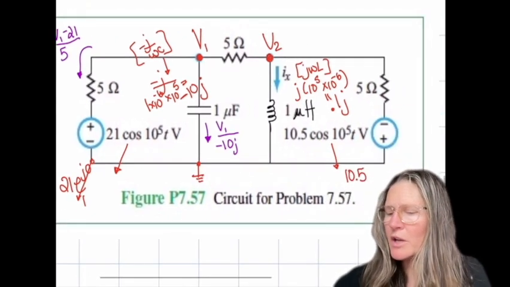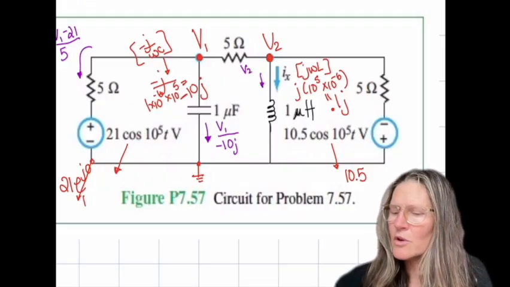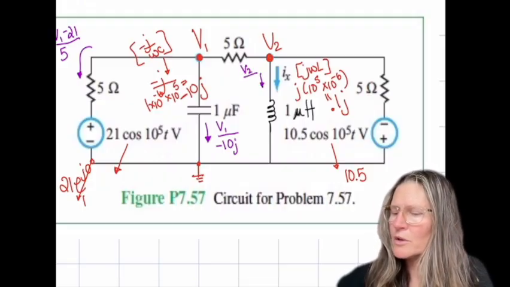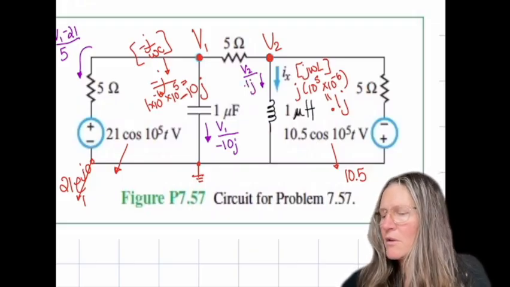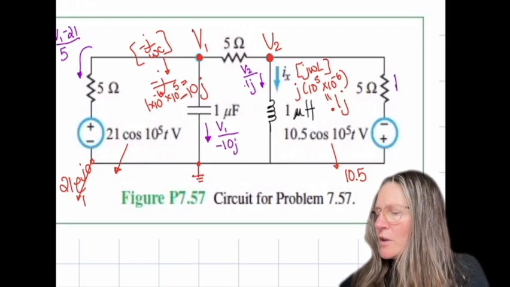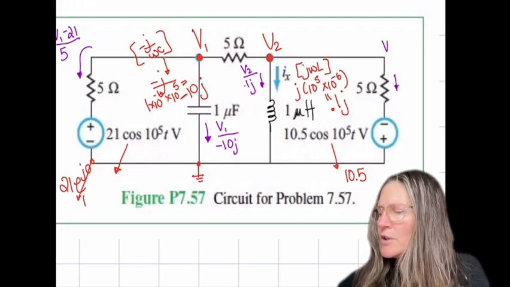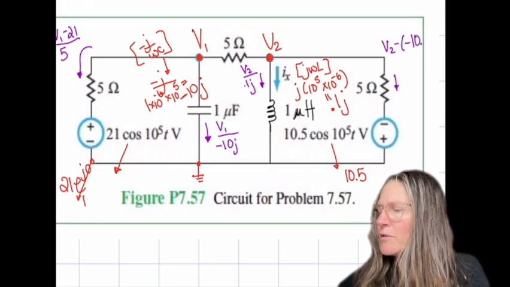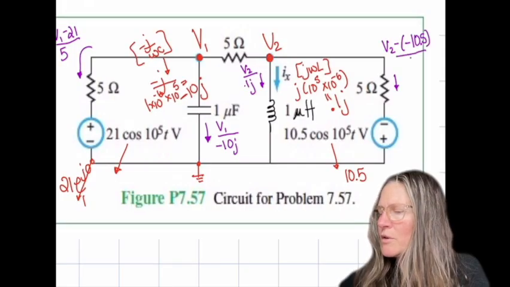And in this branch, it's going to be V2 over 0.1j. And this one is going to be V2 minus 10.5 over 5.